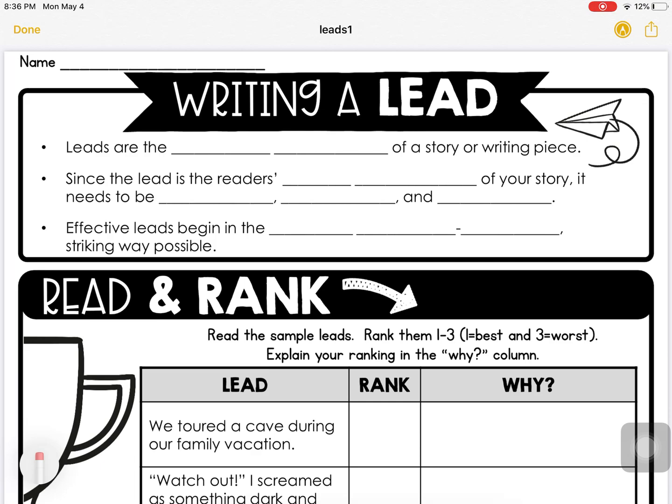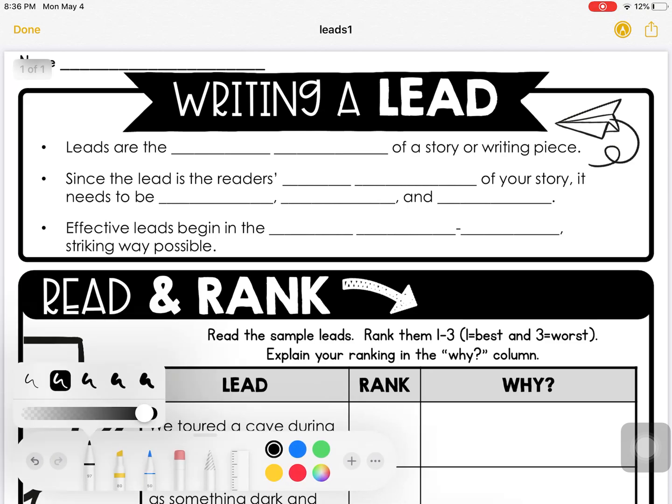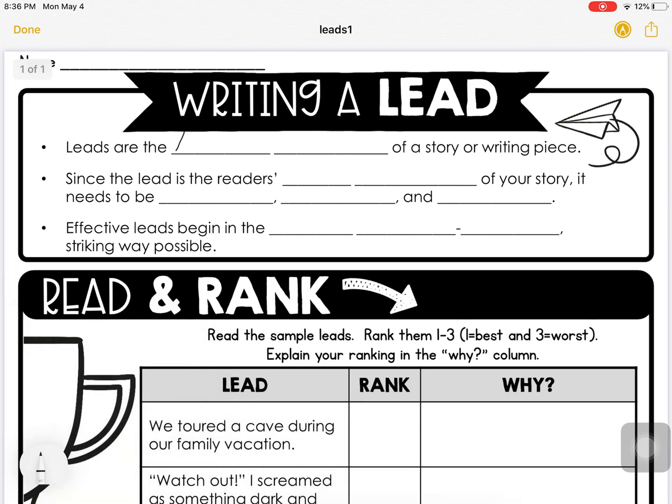Okay, so let's start. Leads are the beginning sentences of a story or piece. Since the lead is the reader's first impression of your story, it needs to be interesting, engaging, and intriguing.